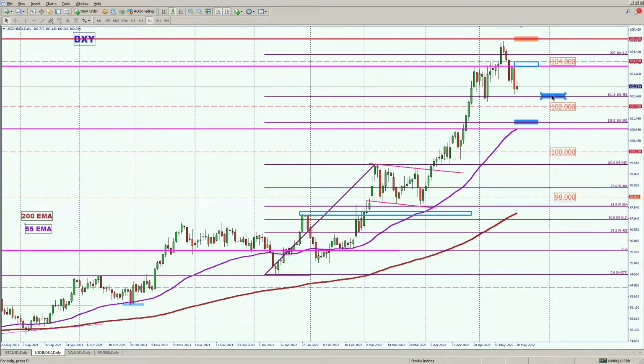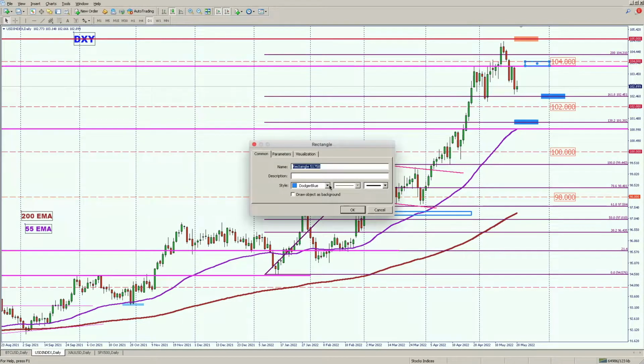But right into this support zone now, with the 162 FIB extension area with this swing low. So this area now at the 104 is going to be a resistance zone.